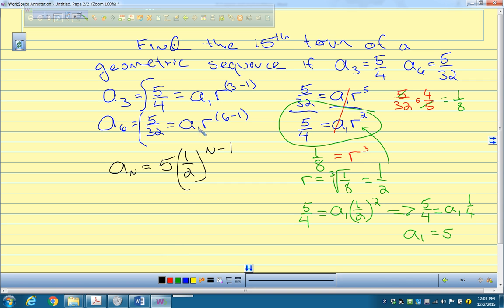Okay? And then I want to find the 15th term, so I'm going to plug in a 15 in there. And that's 5 times 1 over 2 raised to the 14th power, which as a fraction is 5 over 16,384. I just did that in my head. I didn't really. I just knew it. Okay? We're not done yet.